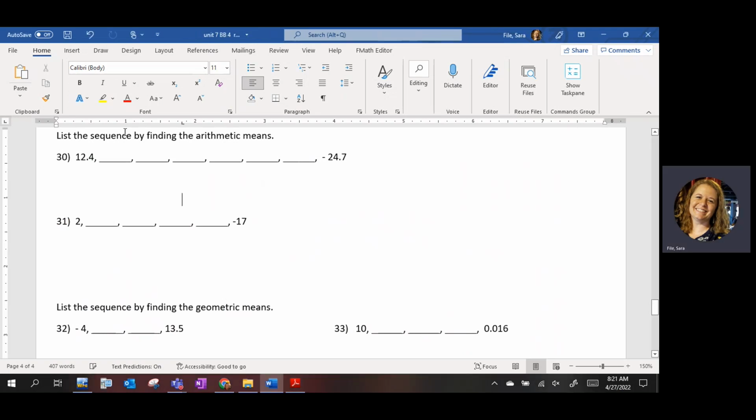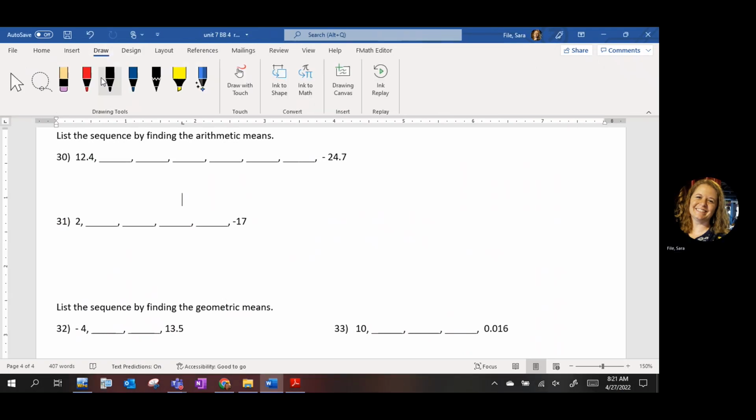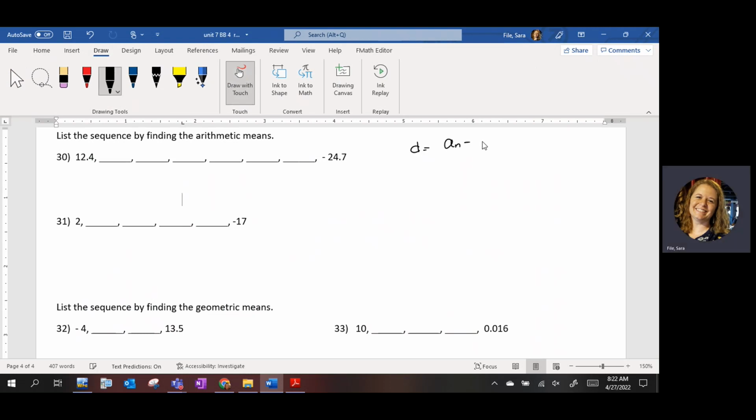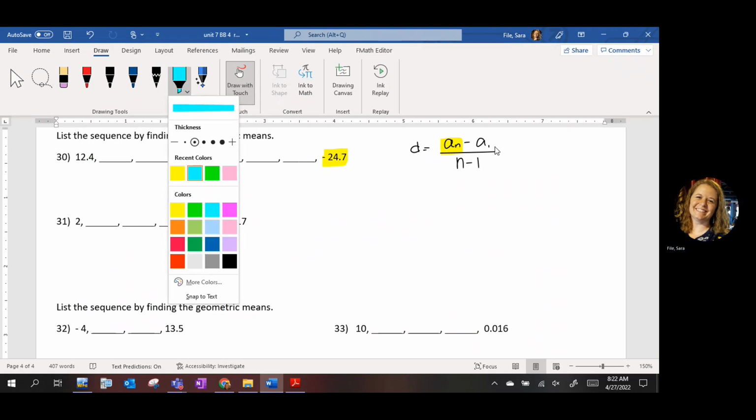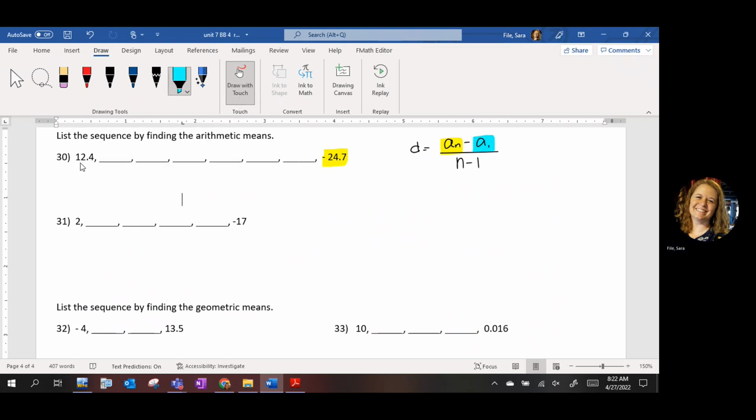Okay, so I'm going to write that out. It is the last term minus the first term over n minus 1. Okay, so I'm going to do some highlighting here. So the last term is negative 24.7. The first term is 12.4.